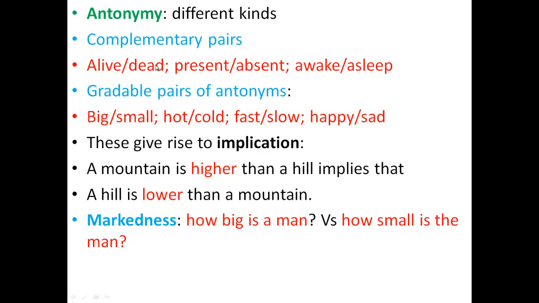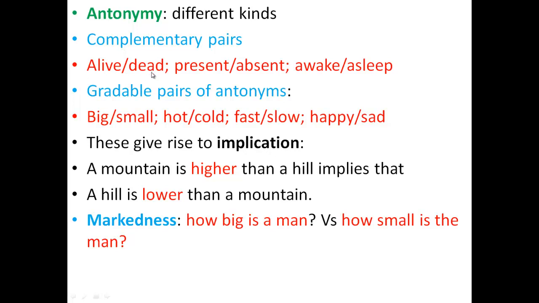This is a pair of antonymous words where we have complementary antonyms. They complement each other. I mean, if you like, they categorize the world into two distinct entities or categories. Alive as opposed to dead, which means if X is alive, it is not dead.